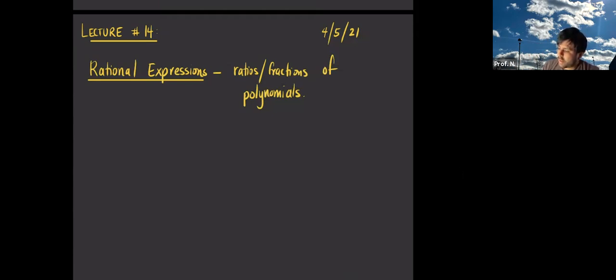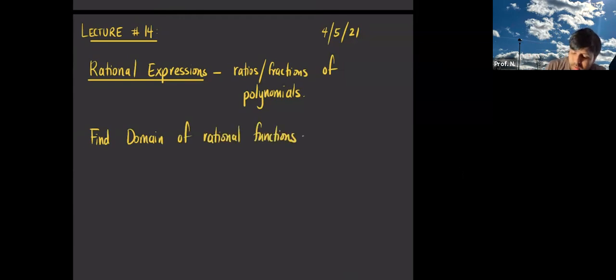And the idea here is, first we want to figure out how to find the domain of rational functions or rational expressions. Again, a rational function or rational expression is just an expression that is a fraction, with a numerator that's a polynomial and a denominator that's a polynomial.